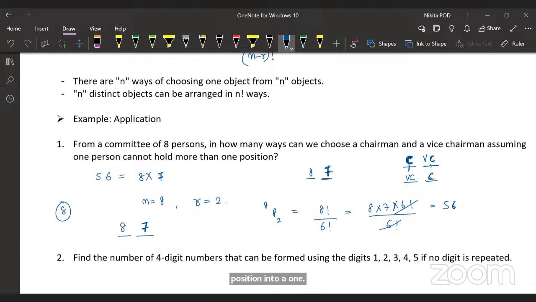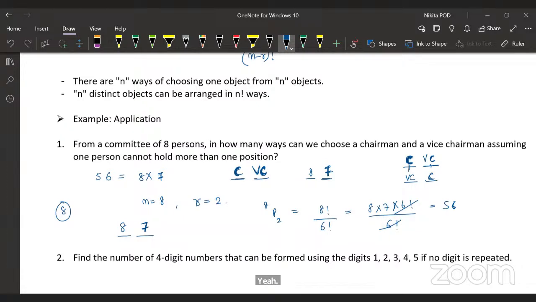You have just a chairman and a vice chairman, two positions. The person you choose can be either chairman or vice chairman, so here the order will matter: who you choose as chairman and who you choose as vice chairman.